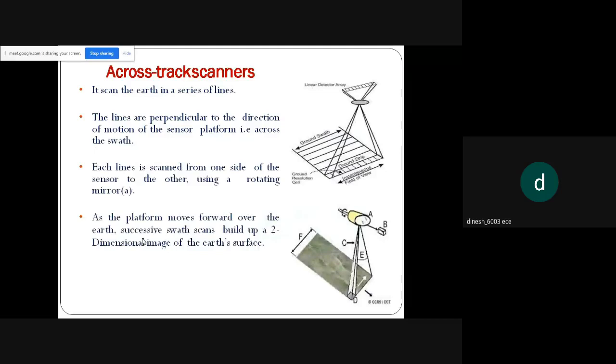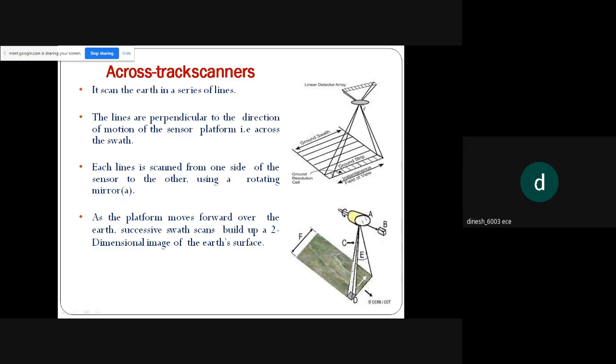So this is the diagram of your across track scanner. It scans the earth in a series of lines. As you can see, the lines are perpendicular to the direction of motion of the sensor platform.